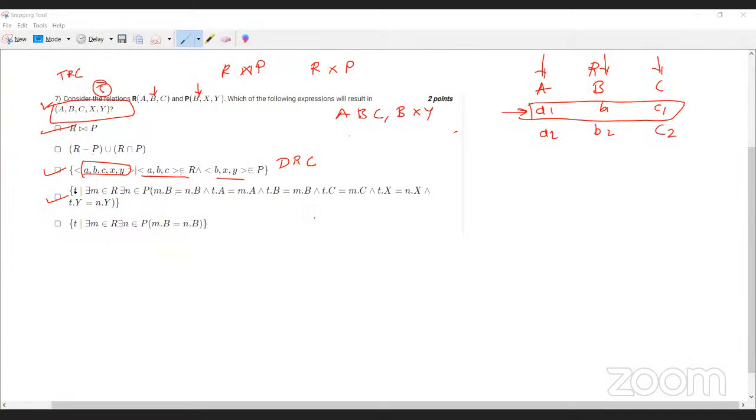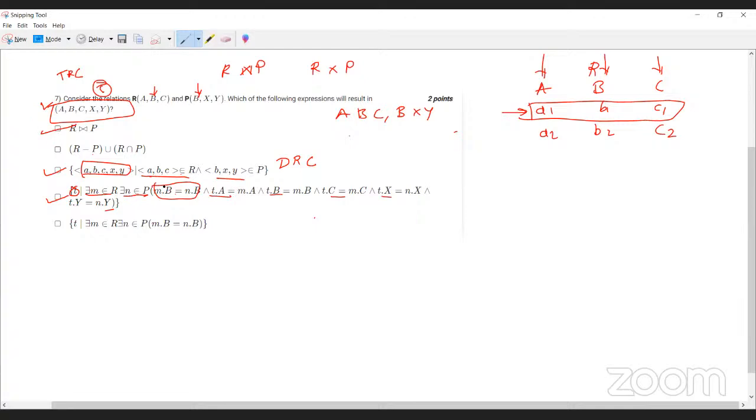The 4th one is equivalent to the TRC expression. So for a tuple T, there exists M for R, there exists N belonging to P, and we are specifying the joining condition and projecting the attribute A.